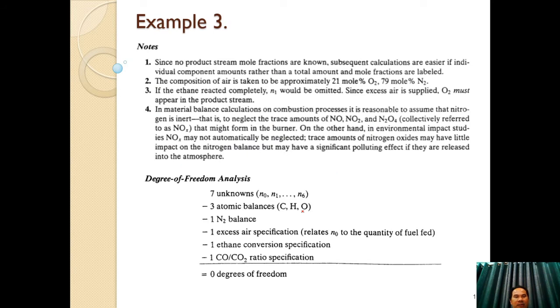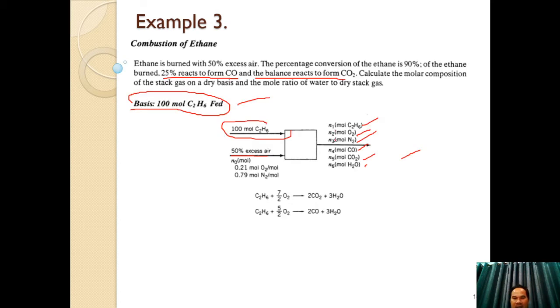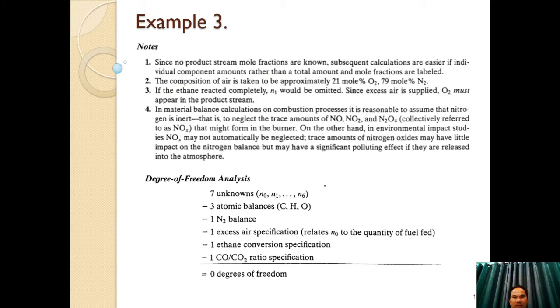For this case, there are no known mole fractions, so you can calculate the individual component amounts rather than a total amount or mole fractions. For this case, you label the outlet components N1, N2, N3, N4, N5, N6. The air has approximately two components, oxygen and nitrogen.